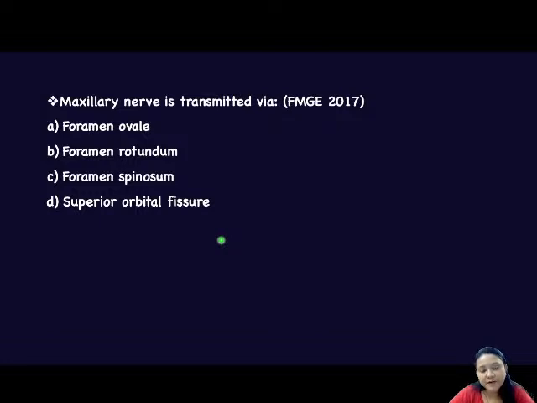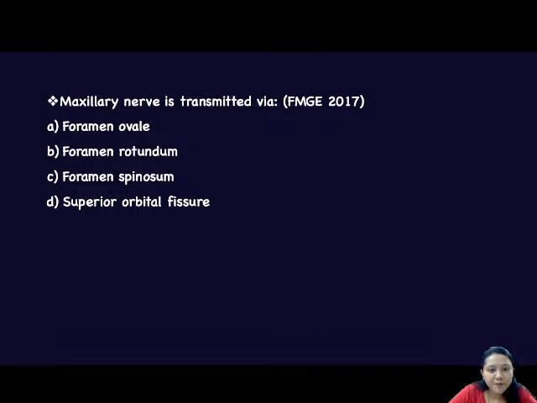Maxillary nerve, what is it? It is V2, the second branch of your trigeminal nerve. So it is transmitted via which of the following foramina? Anybody in the chat? This is a very easy one.